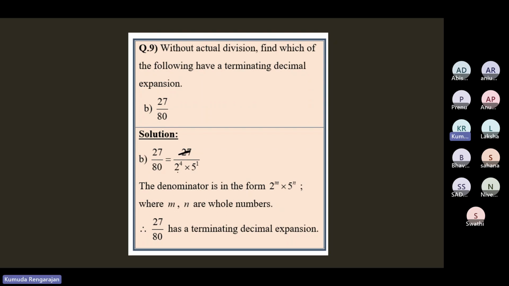So look at the denominator, only 2 and 5 factors. So the denominator is in this form where m and n are whole numbers, so terminating decimal. So that is how we said it has a terminating decimal expansion without actually using long division.